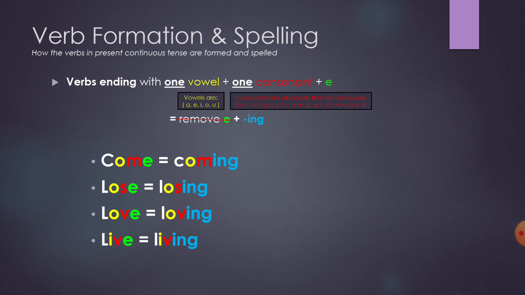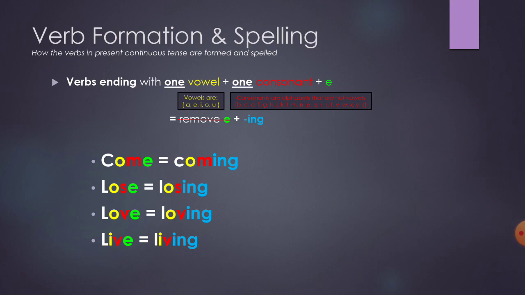The last three letters are a vowel followed by a consonant, then the letter E. Thus, according to this rule, E will be replaced by ing. The result is com, still the same as the base word, and then just add ing, replacing the letter E. So from come, COME, it becomes coming.